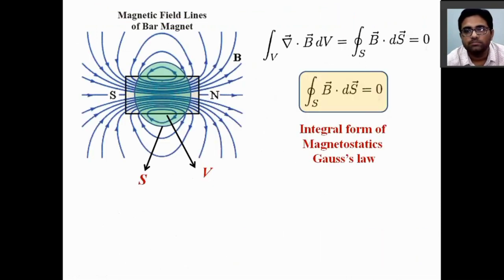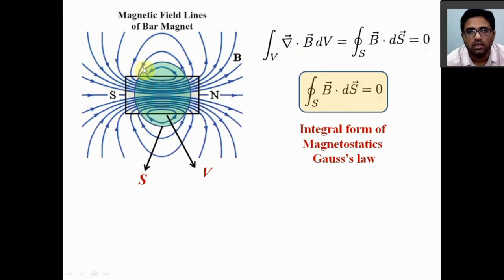Now using Gauss's divergence theorem, we get the integral form of magnetostatic Gauss's law. Now let's understand this law physically. Why is the divergence of the magnetic field, or the total closed surface integration of the magnetic field, 0? Here the magnetic field lines of a bar magnet have been shown.